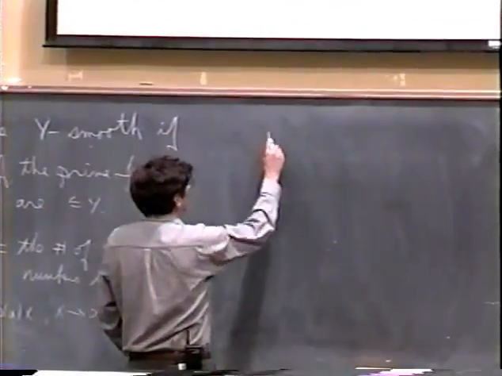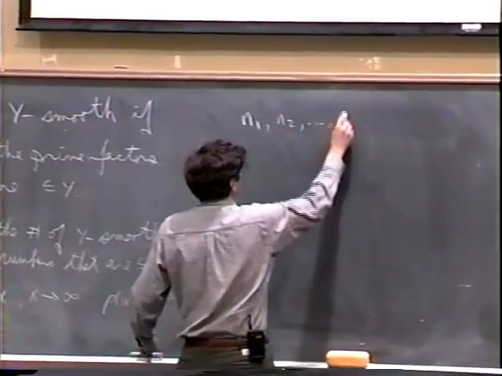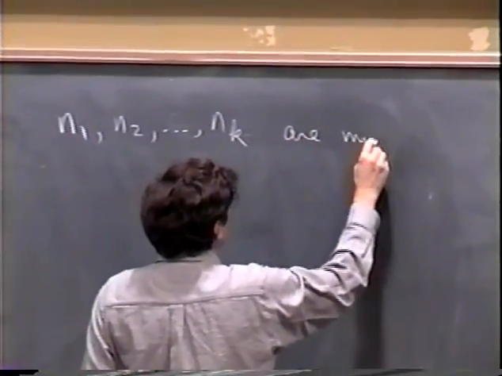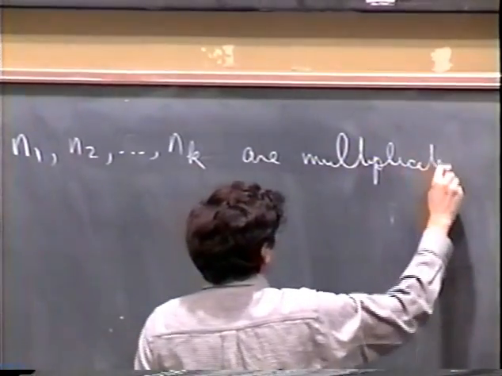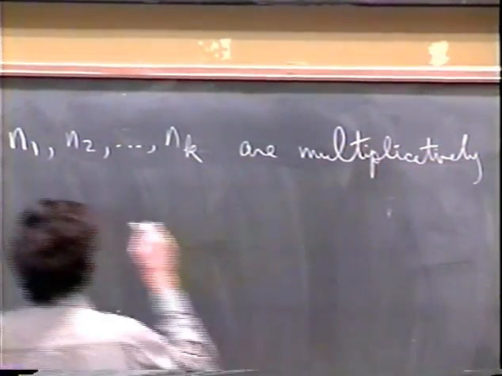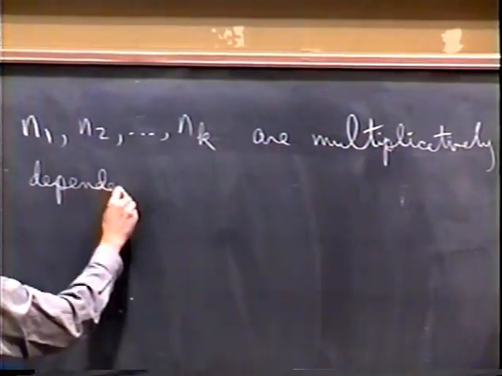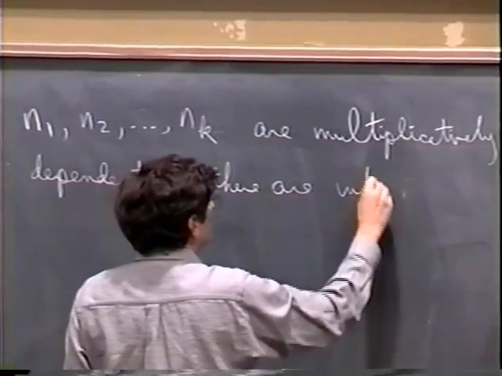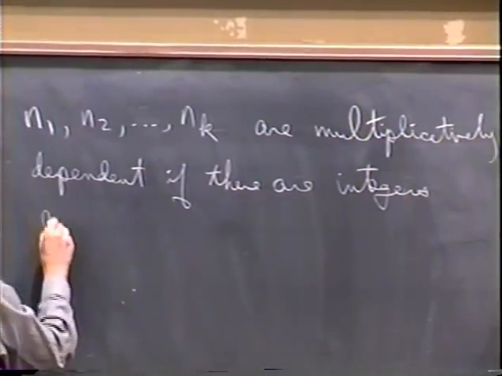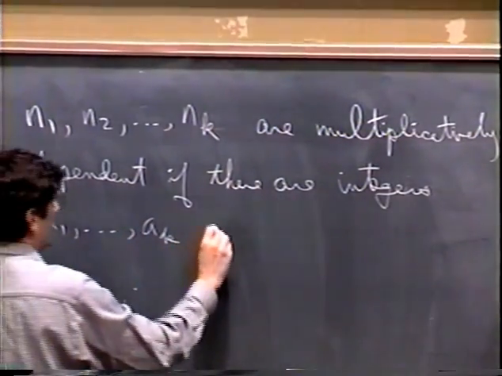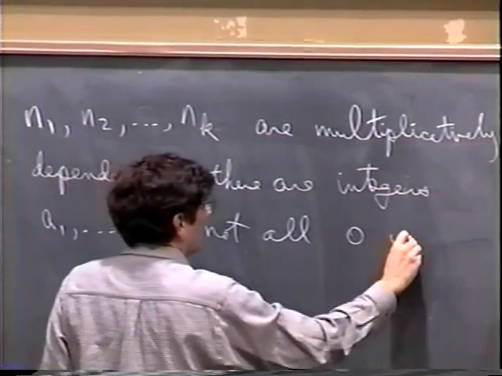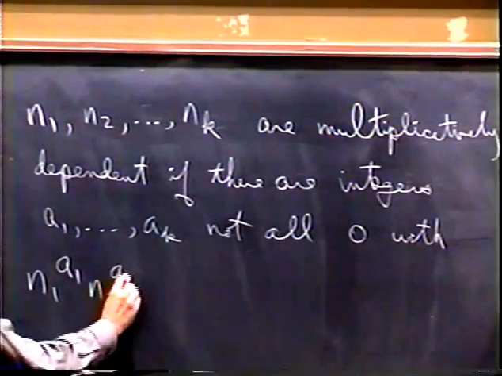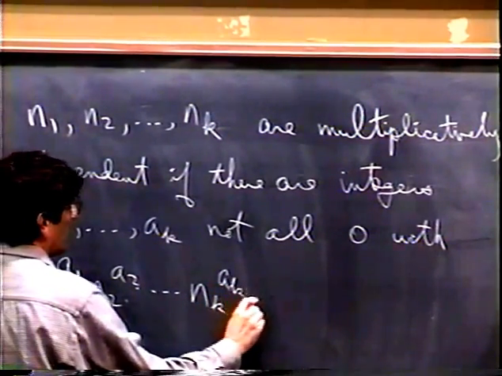So we say that n1, n2 through nk, say positive integers, are multiplicatively dependent if there are integers a1 through ak, not all 0, with the product n1 to the a1, n2 to the a2, nk to the ak equals 1.